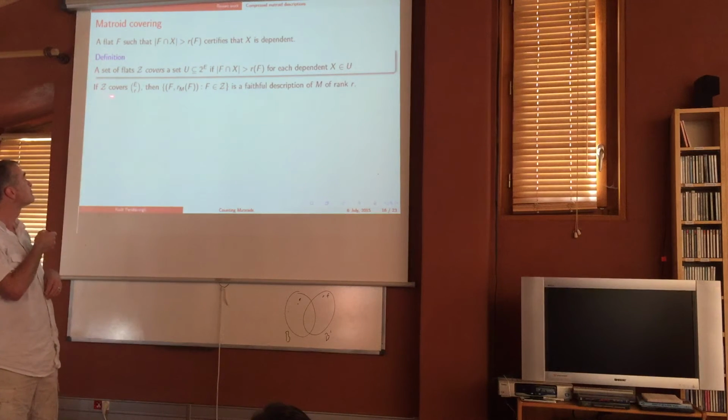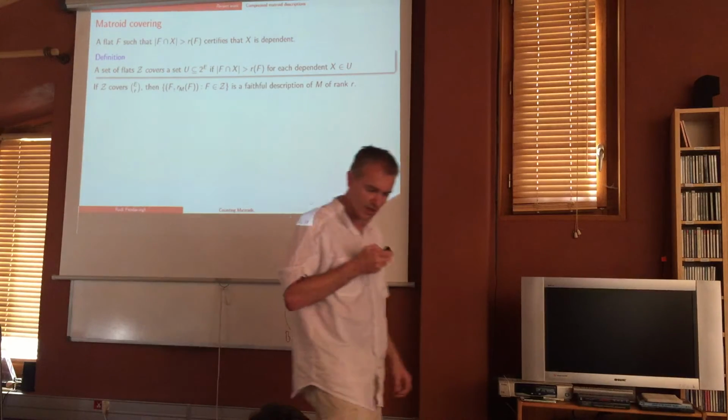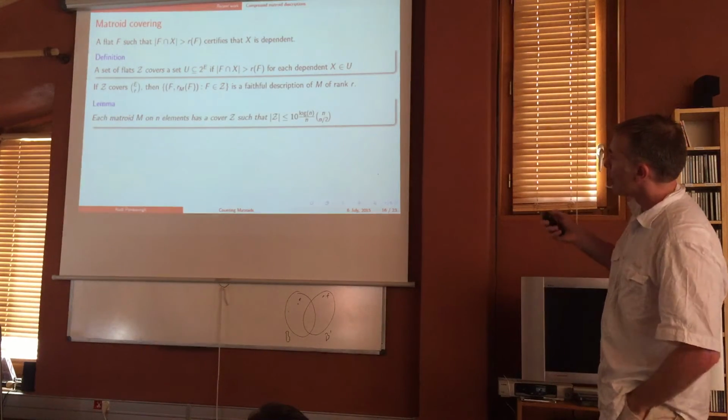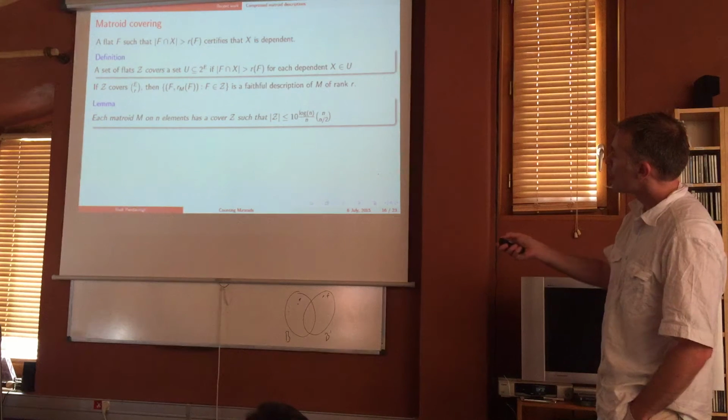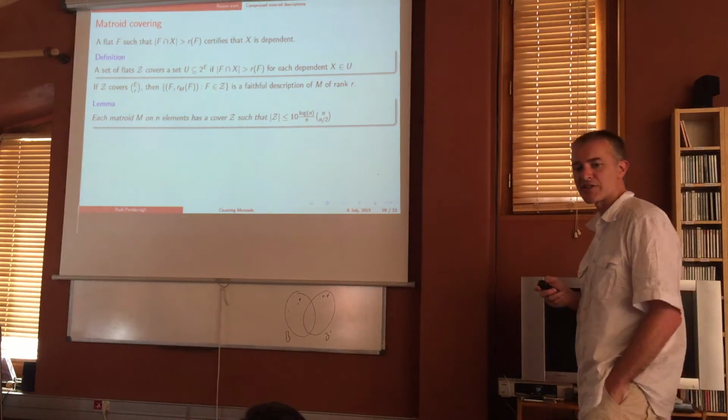And now the object is to have a set of flats covering all the r-sets. Now what I want is a cover of this size, and just counting the number of such covers is then giving my bound.